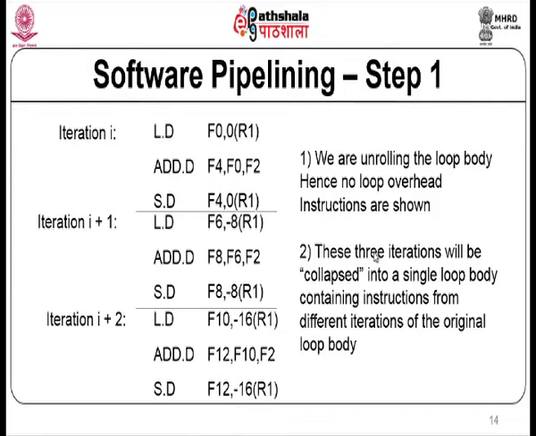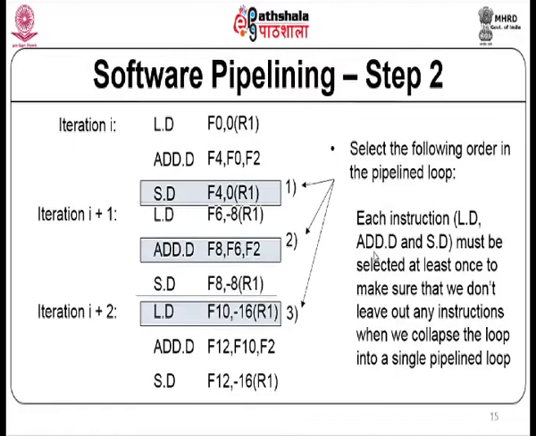You pick load from one iteration, you pick store from one iteration, and you pick the middle instruction, add, from a different iteration. This has been illustrated here. If you pick the store instruction from iteration I, then the add is picked from I plus 1 and load is picked from I plus 2. That is how you form the kernel of the loop.